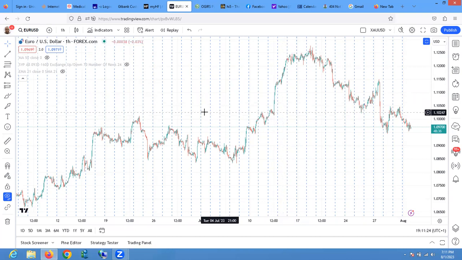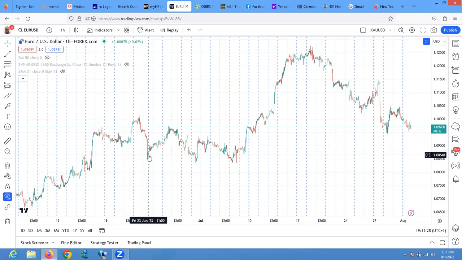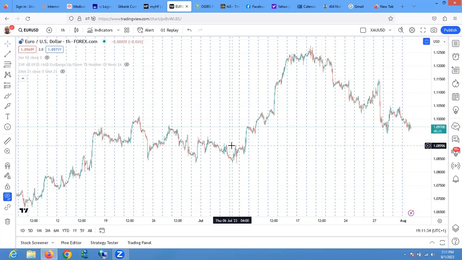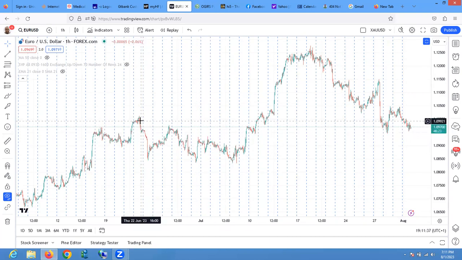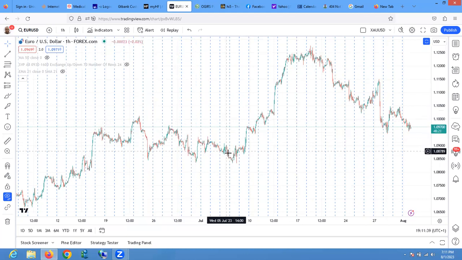Now, imagine that we had a 5-wave correction like that in between here, and we're going to see the same thing on the larger time frame. Let's imagine that we have A, B, C, D, and an E.